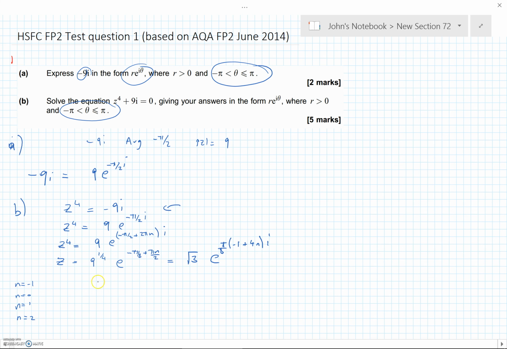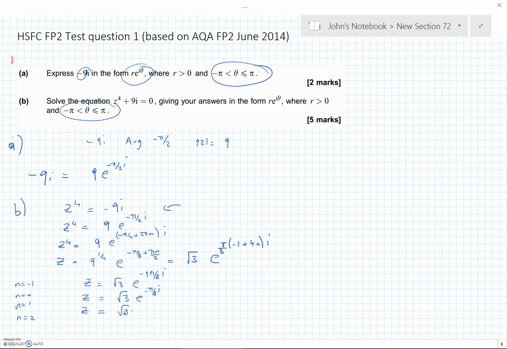So n equals minus 1 gives us z equal to the square root of 3 e to the minus 5 pi over 8 i. n is 0 gives z equal to the square root of 3 e to the minus pi over 8 i. And n equals 1.